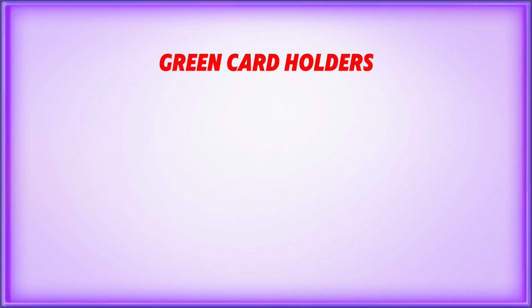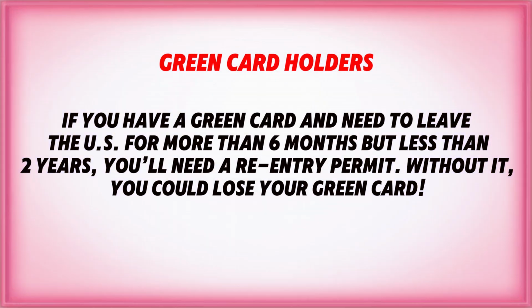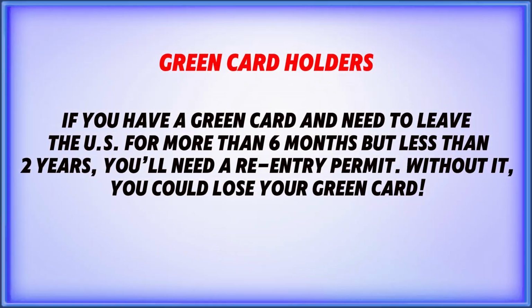Form I-131 is for different groups of people. The first group: green card holders. If you have a green card and need to leave the U.S. for more than 6 months but less than 2 years, you will need a re-entry permit. Without it, you could lose your green card. Second group, refugees or asylees.